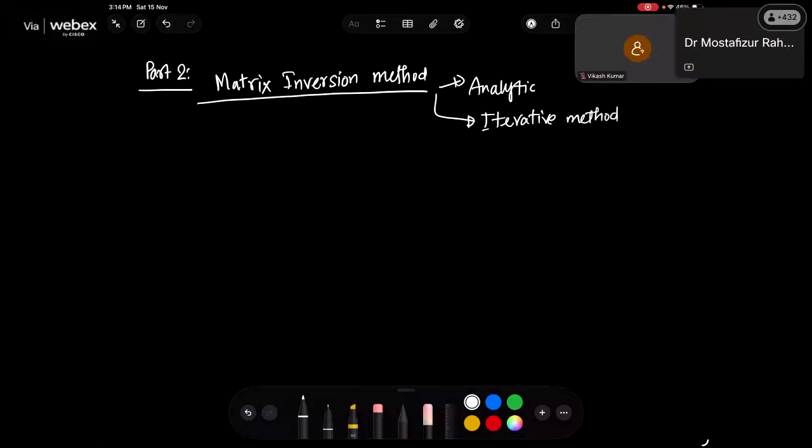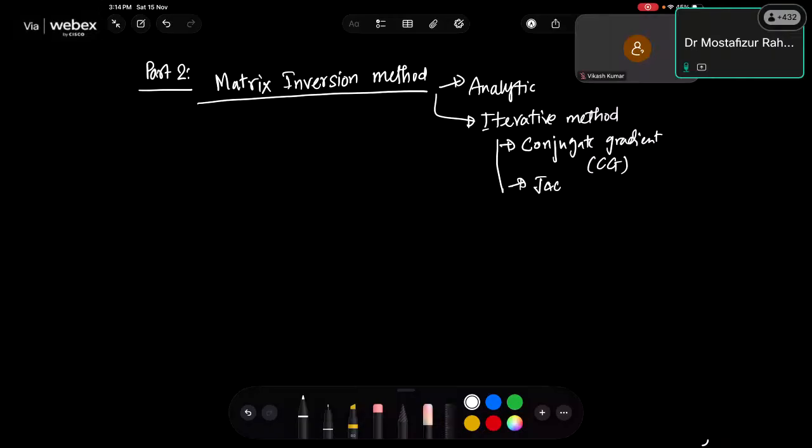In the iterative methods, especially the conjugate gradient, also called the CG method, and the Jacobi method, for example. There are other methods like Newton's method and various numerical methods, iterative methods or numerical algorithms.